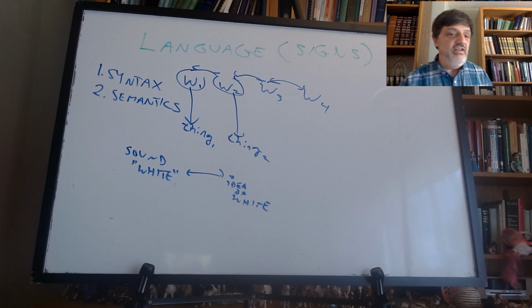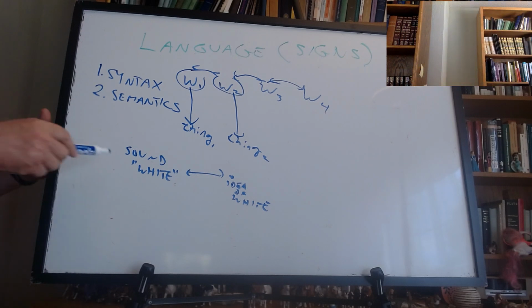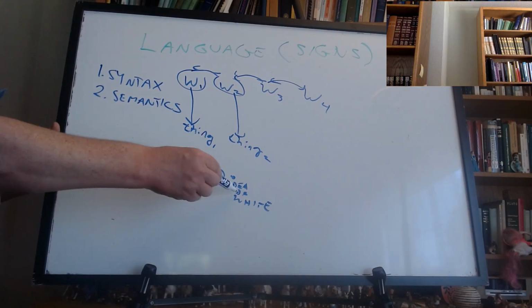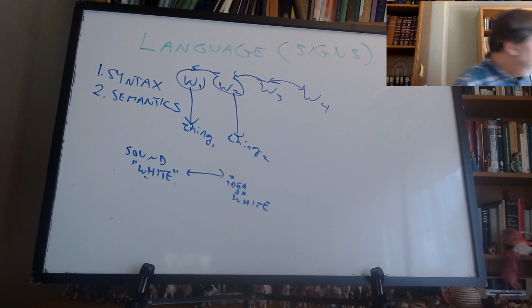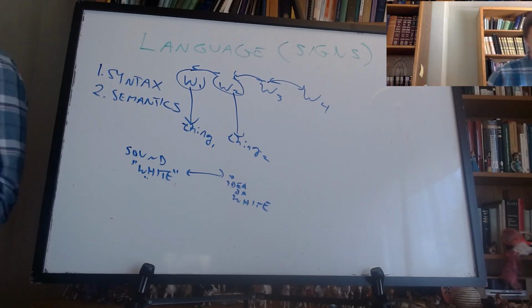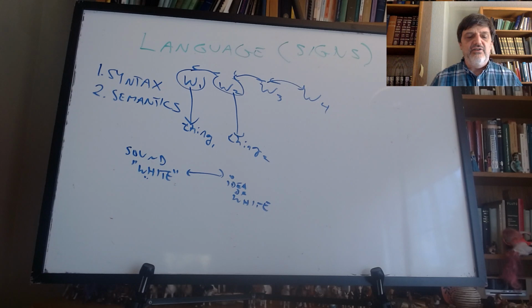So this kind of relationship, according to Locke, between the sound white and the idea of white is a syntactic relationship, is the way I tried to explain it. It's not that the sound white somehow refers to the idea, is about the idea.